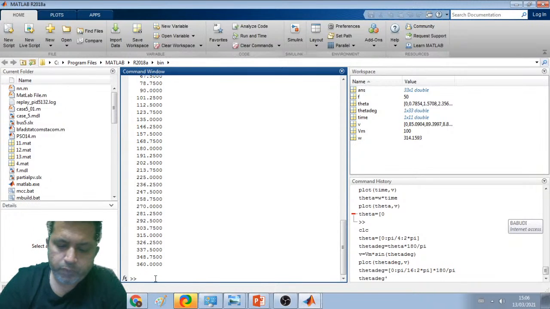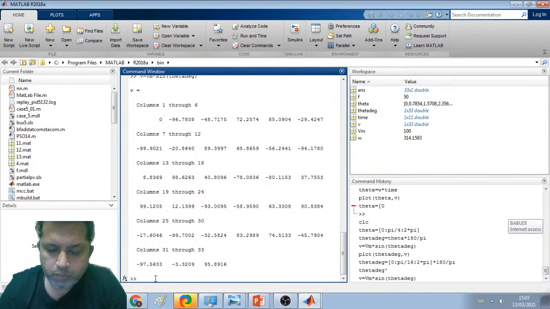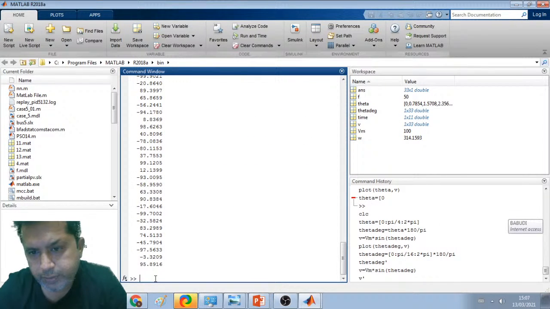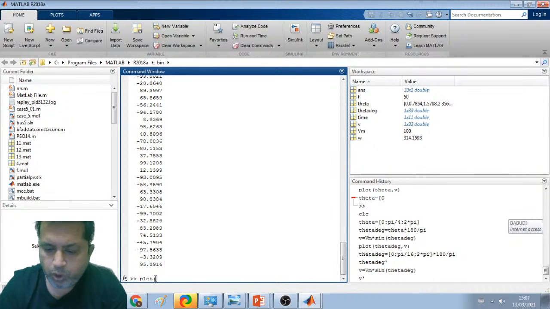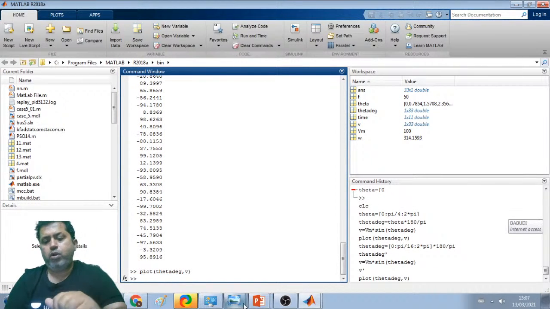So let us see. V equal to Vm star sine theta degree, transpose you will get. Now let us plot theta degree comma V. So you will get a plot.